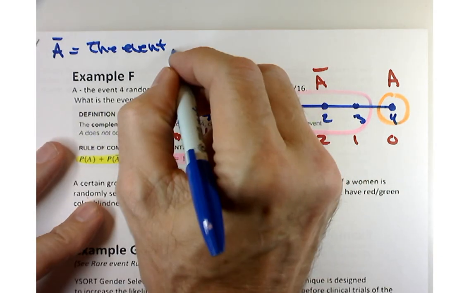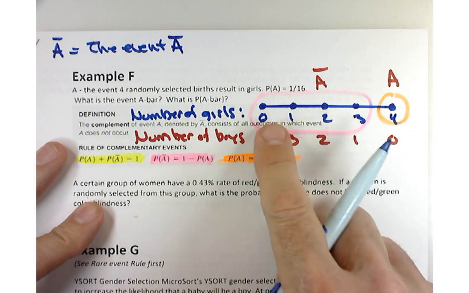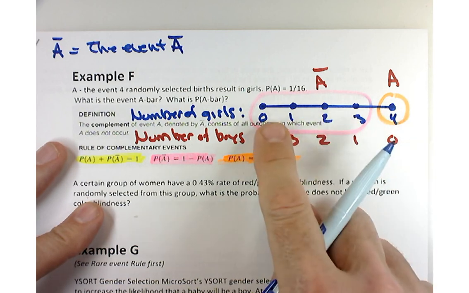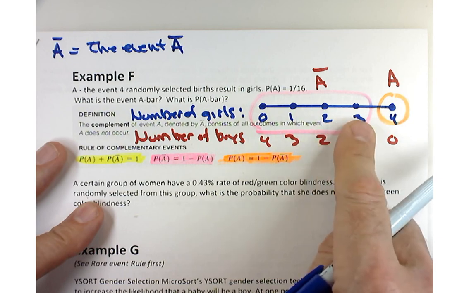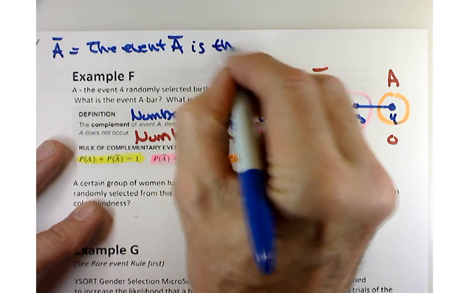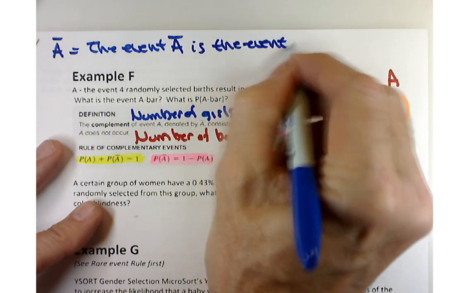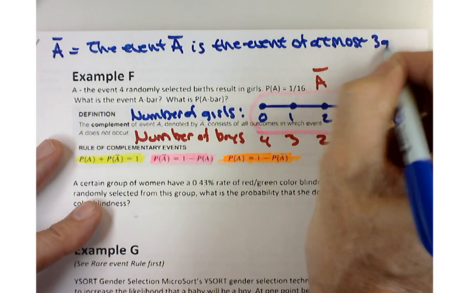How many girls do you have in event A bar? Either 0, 1, 2, or 3. All right, so event A bar is the event of, at most, 3 girls.